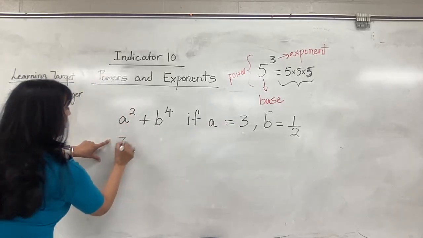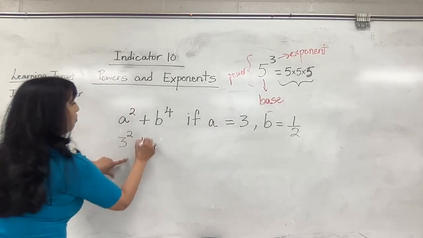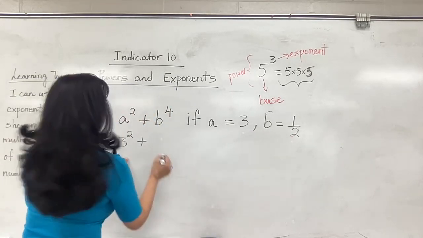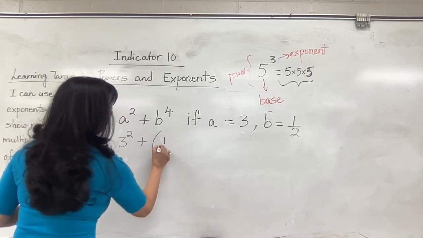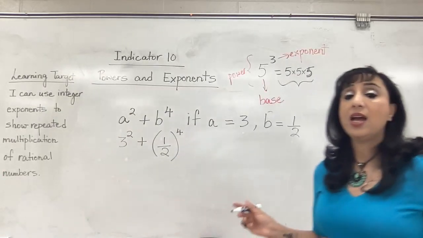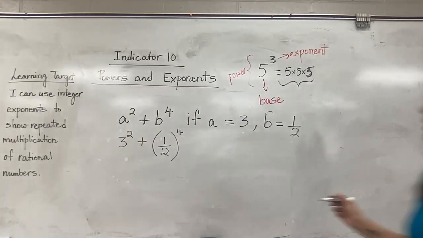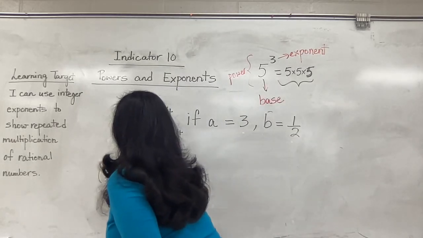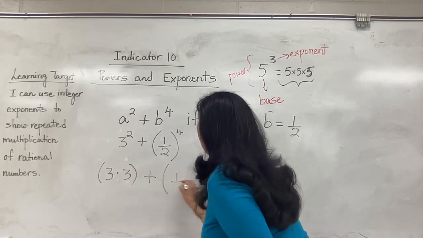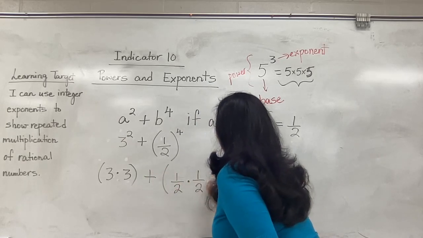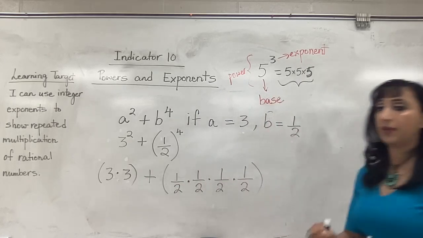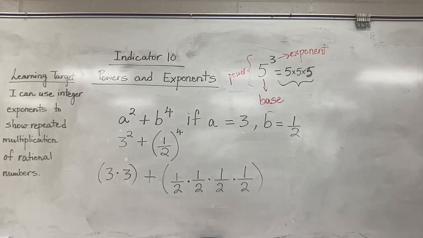So this is 3 squared, and then it's telling me what b is. b is 1/2, so I am going to substitute that value, and this is going to be 1/2 to the fourth power. Okay, and what that basically means is that this is 3 times 3 plus 1/2 times 1/2 times 1/2 times 1/2. Okay, so this is how we're going to write it.